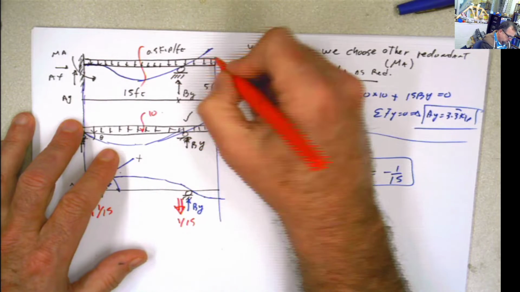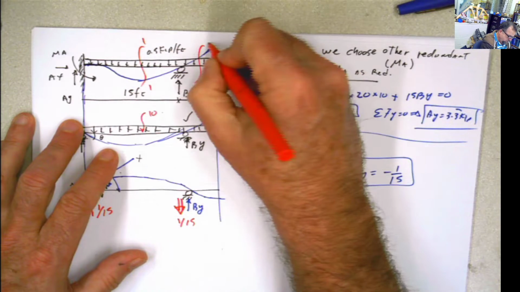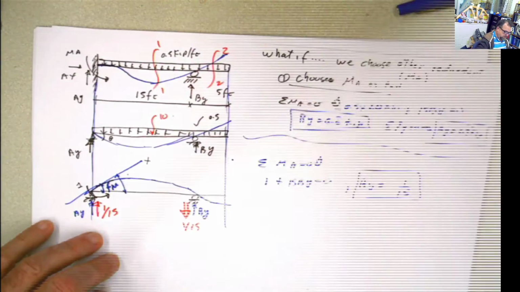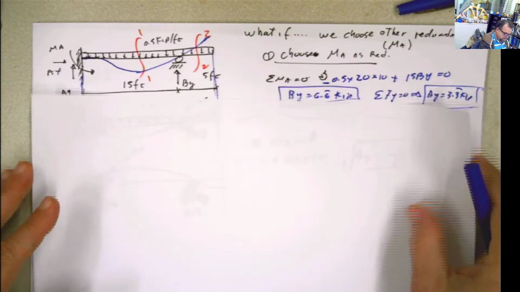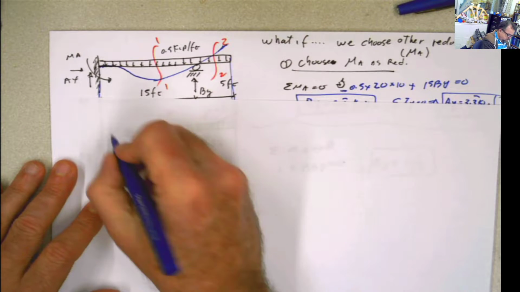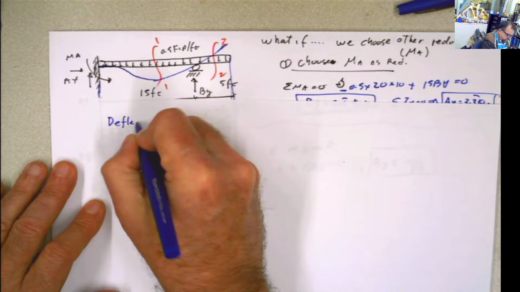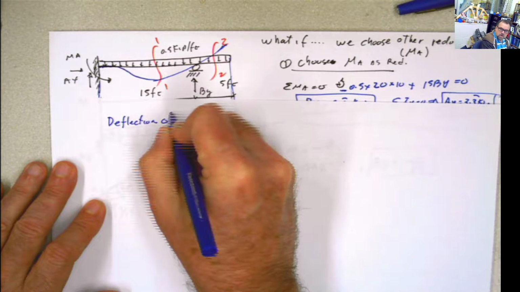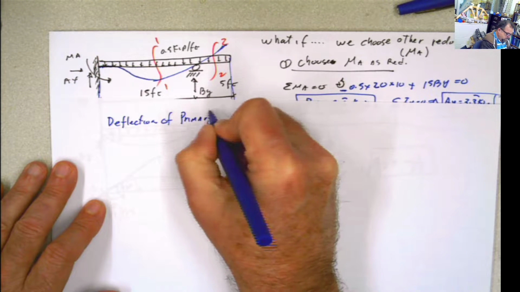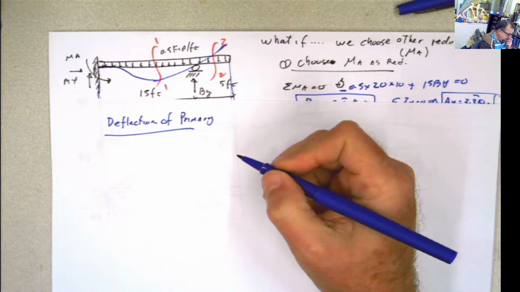So let's try section 1 and section 2, and do that for the primary structure, the primary deflection, which is that one.